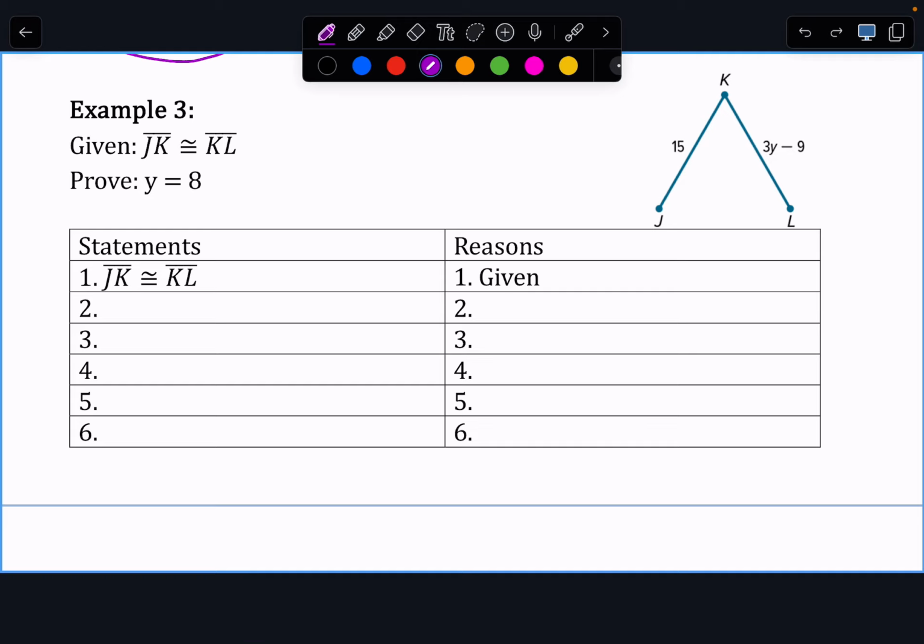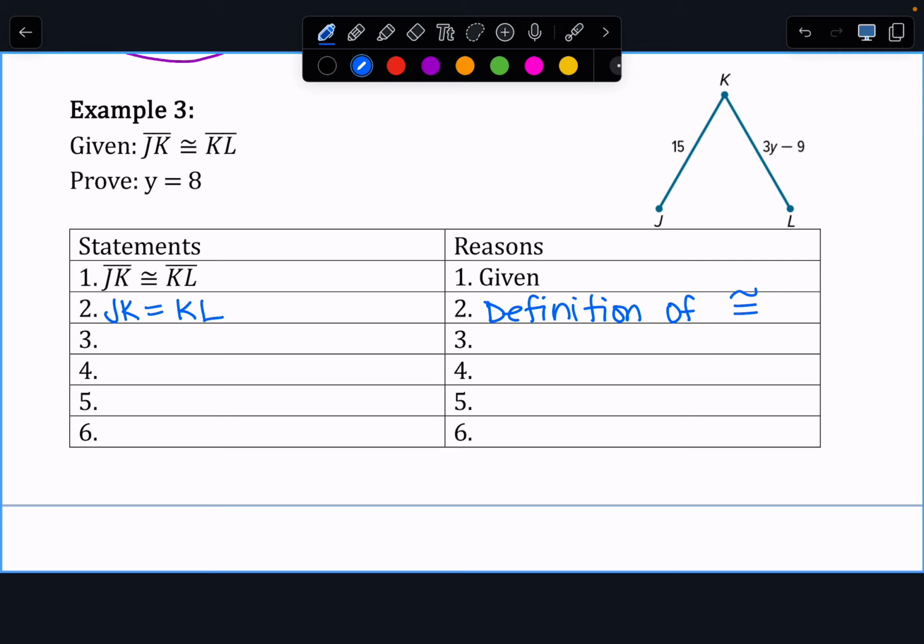I have two congruent segments. If my last step is y equals 8, what does my second step need to be? Definition of congruent. JK equals KL. So I can say, definition of, you know what? Don't feel like writing that word. Gonna draw the symbol. I'm feeling a little lazy on Friday.